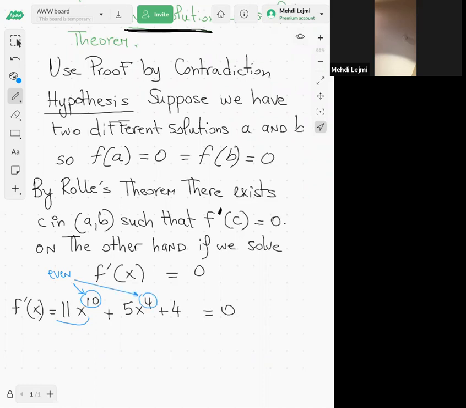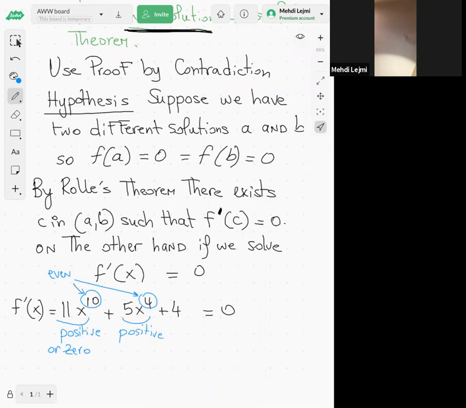Because you have even powers, x to the power 10 or x to the power 4 has to be positive or zero. They cannot be negative. So this thing here is positive or zero, of course zero if x is zero. This is also positive, x to the fourth, because the power is even.